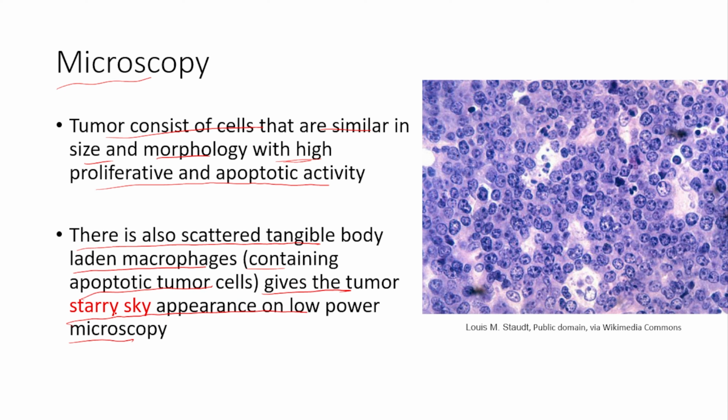Starry sky is a term that is used a lot in exams, so pay attention to this term. So basically, because of the macrophages containing apoptotic tumor cells, it gives the tumor a starry sky appearance on the microscopy, like this picture here.